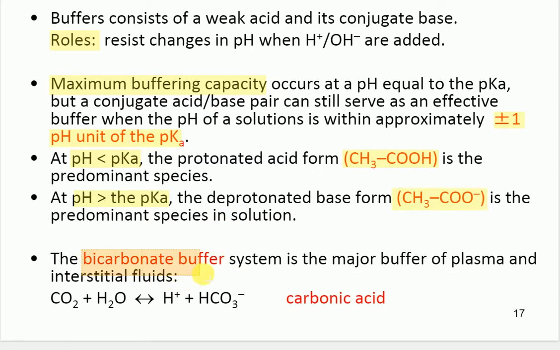The bicarbonate buffer system is the major buffer of plasma and interstitial fluids. So this is the buffer system. You can see carbonic acid right there.